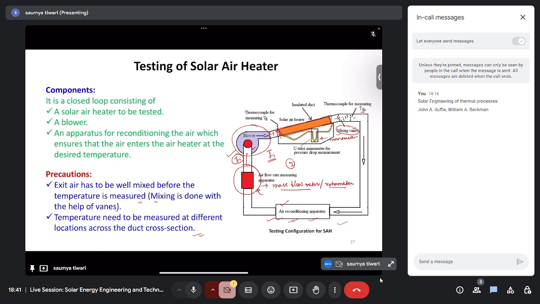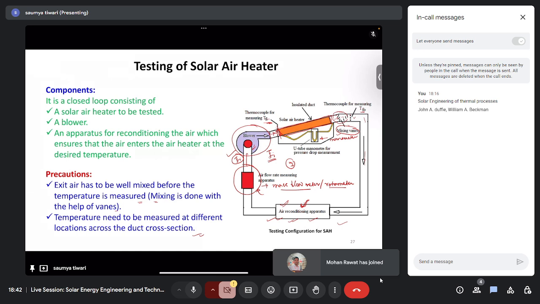With the help of the blower and this mass flow meter or rotameter, at a given condition of the input of the air, with the help of this air reconditioning apparatus, we can feed the air into this solar air heater. We can measure the inlet temperature, and we can also measure the outlet temperature after thorough mixing by these mixing vanes, and we can measure the pressure drop across the solar air heater, and then the reconditioning may occur, and this process may continue for several values of mass flow rate to get basically the efficiency curve, right?